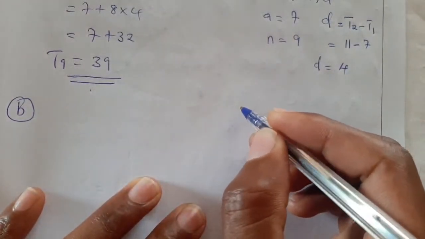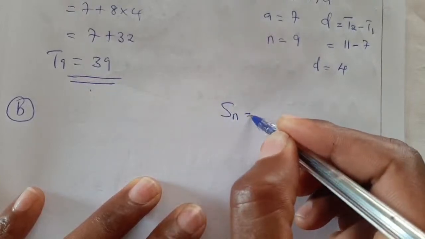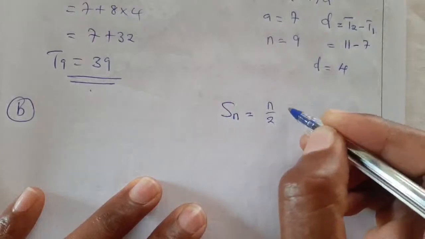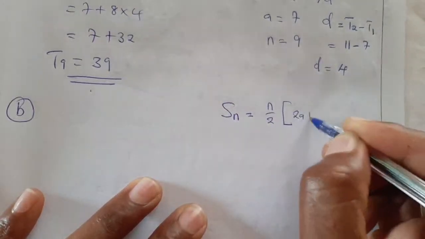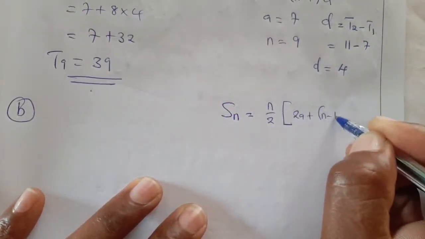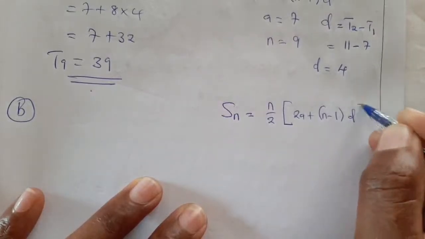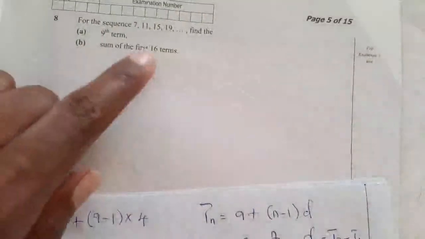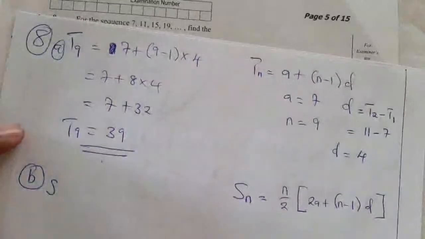We can't manage. So the sum of the nth terms is Sn equals n over 2, square bracket, 2a plus n minus 1, then d, close the square bracket. Here we're finding the sum of the first 16 terms, meaning n is 16.